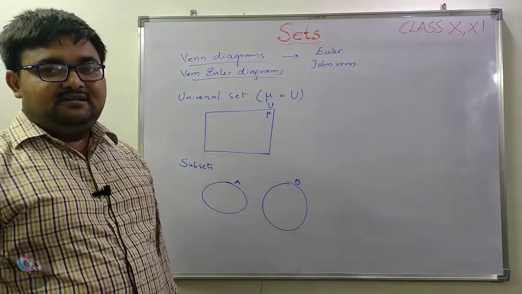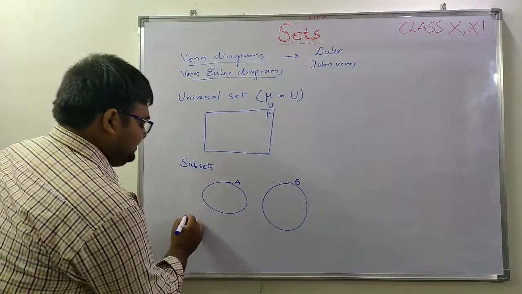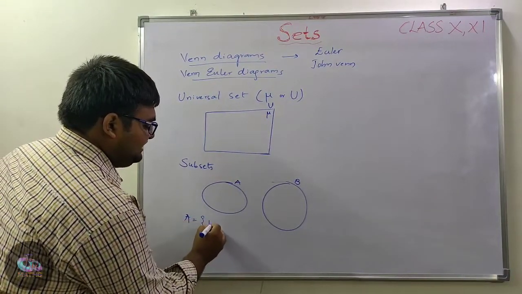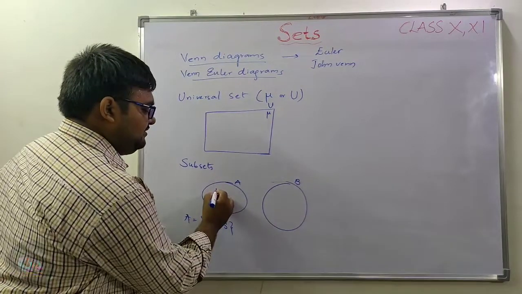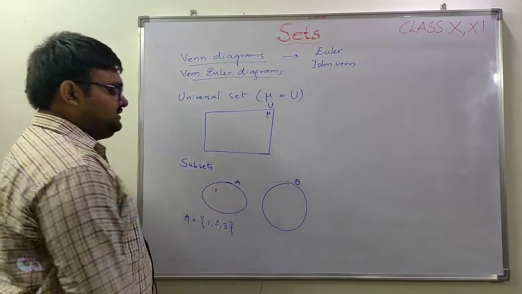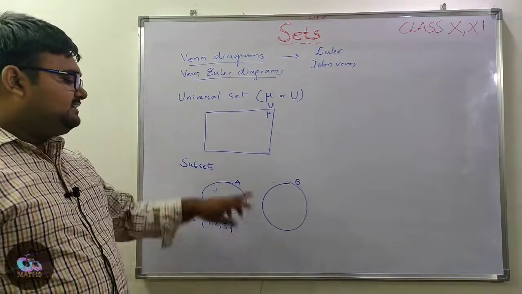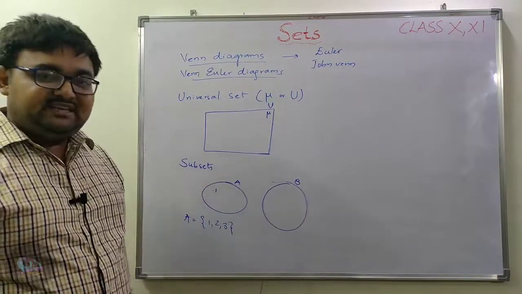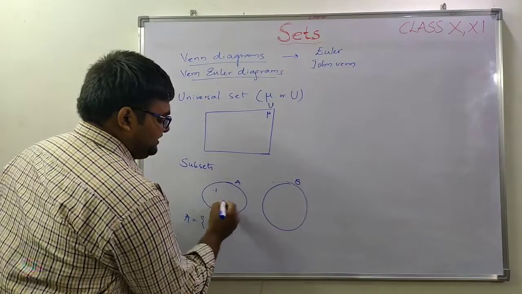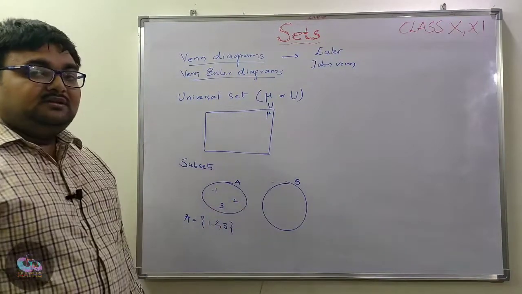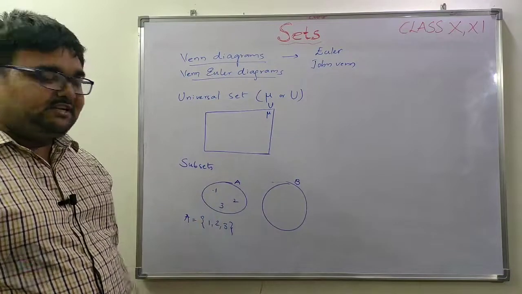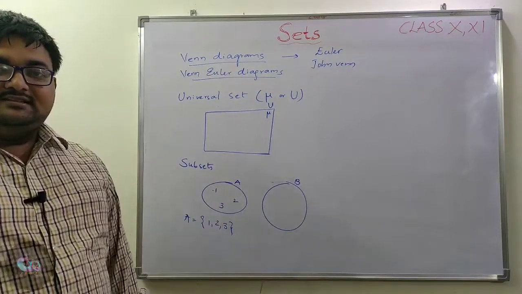Suppose I have a set A as 1, 2 and 3. You take some points as the elements present in the given set: element 1, element 2, element 3. These are elements of set A, so they are represented inside the set. In the same way, suppose I consider a set B which has A, B, C, D, E; those will be represented inside the set.